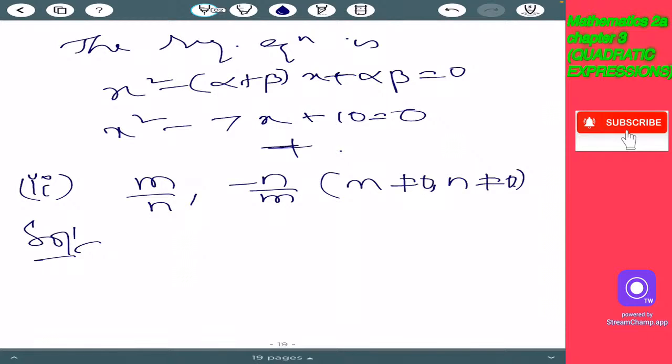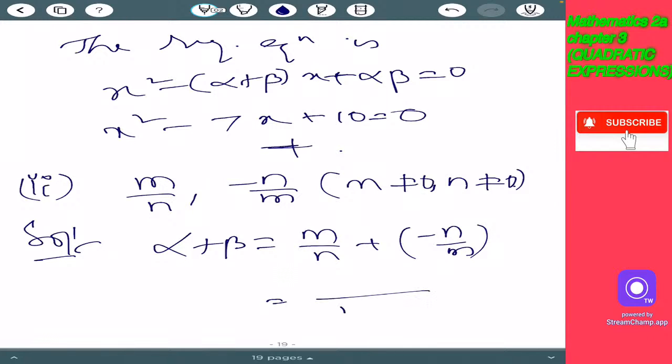Okay, let's find the equation. So directly I'll say alpha plus beta is m by n plus minus n by m, the denominator is nm, or mn, whatever you want to say.